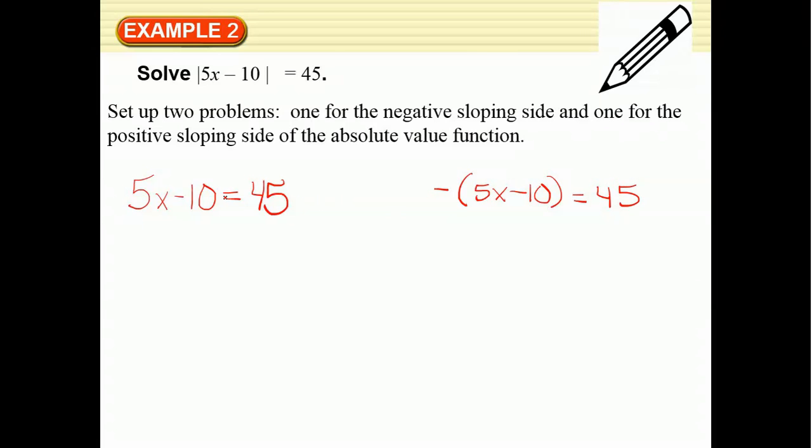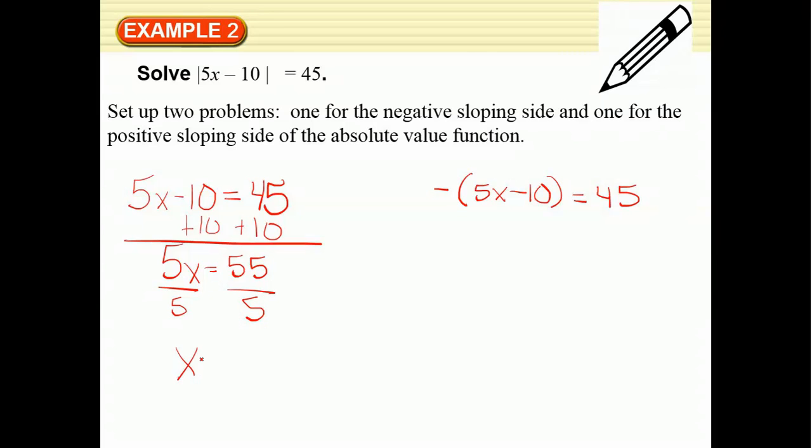Let's solve this side like we normally would. We need to add 10 first, so we're left with 5x, and 45 plus 10 is 55. Let's divide by 5 on both sides, so x equals 11. Now let's plug that 11 in to make sure it's right.